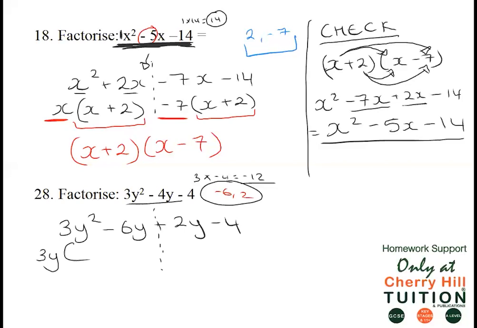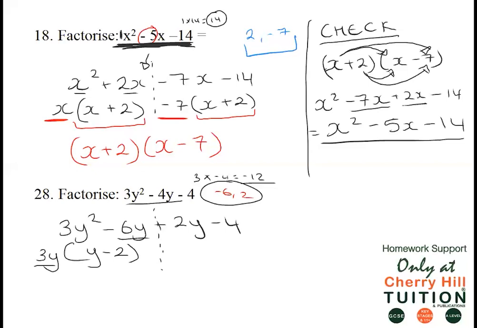So what do we need to multiply 3y by in order to get 3y squared? Your answer is y. And what do we need to multiply 3y by in order to get minus 6y? We can have minus 2. Okay?